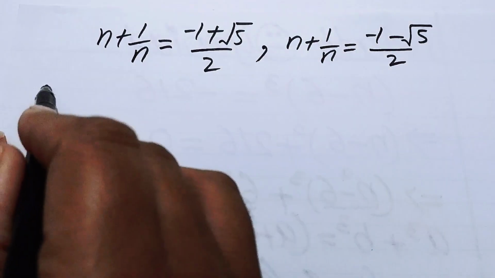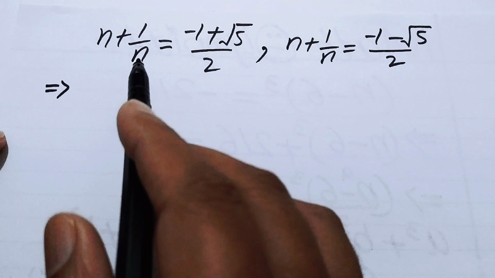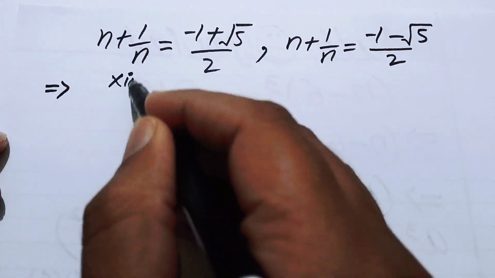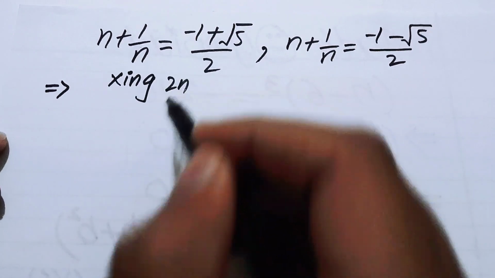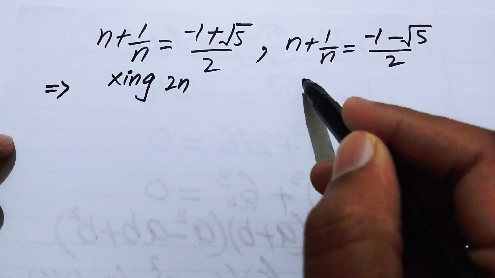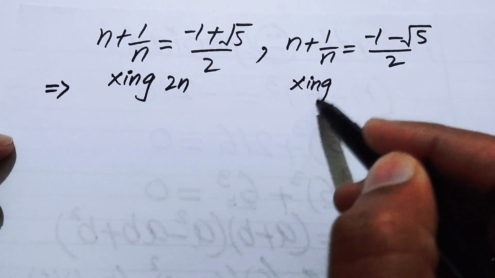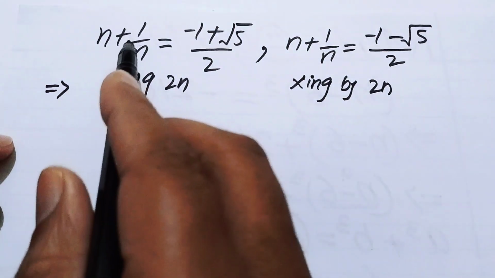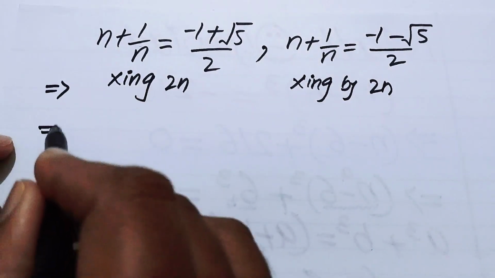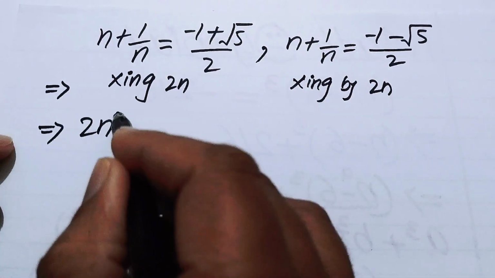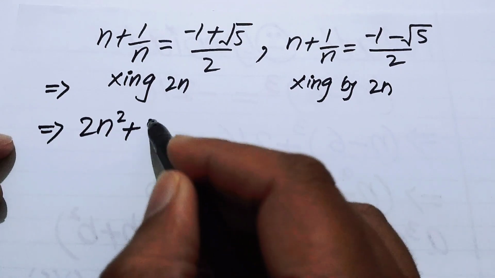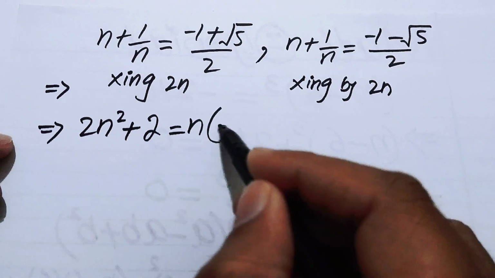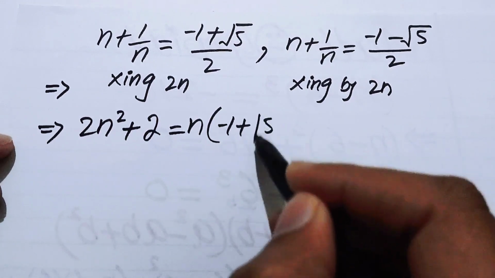Now first I can simplify this case, and here we multiply both of the sides by 2n. Similarly in the other case we will multiply both of the sides by 2n. When you multiply by 2n here, then you get 2n squared plus 2 equals n times minus 1 plus square root of 5.